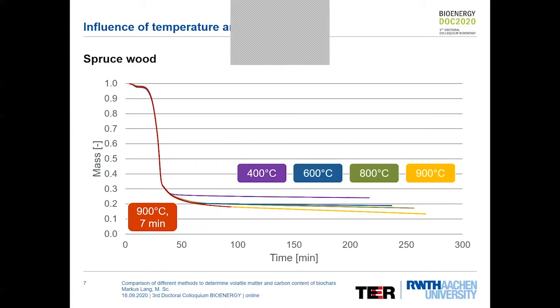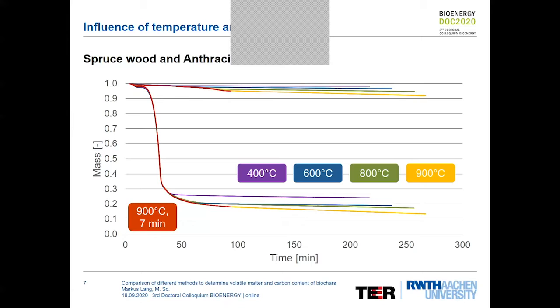The same determination we also did with other materials, for example, with the anthracite, which you can see here. As I already mentioned, there's not much volatile matter content in it, so the mass loss is very low. But you can also see that the mass loss rate increases at the highest temperature, so there might be an influence.